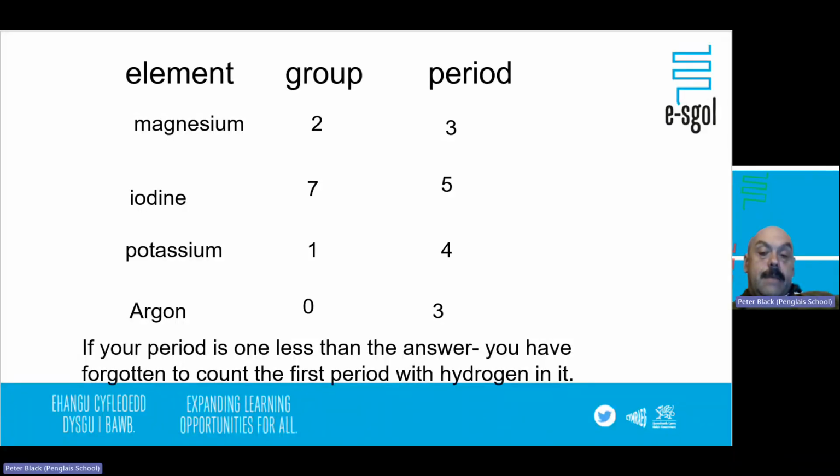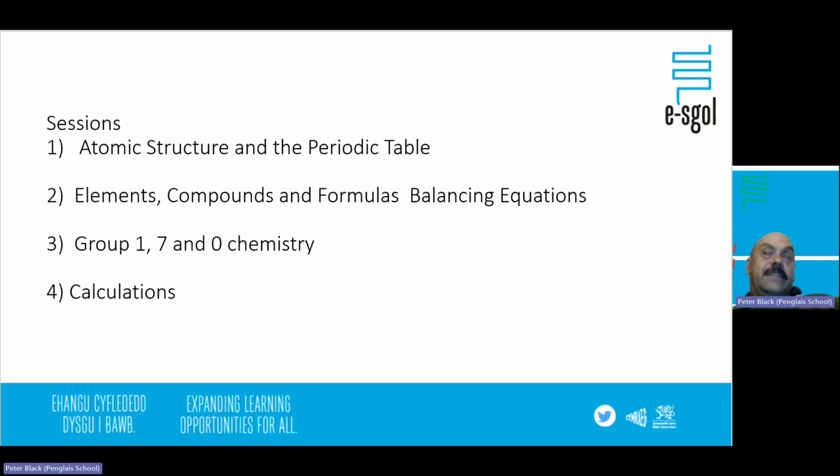So I've covered what I really wanted to cover today, which was the basic structure of the atom, the nucleus with its protons, neutrons, electrons, using your atomic number and atomic mass to work out how many protons, electrons, and neutrons you have.